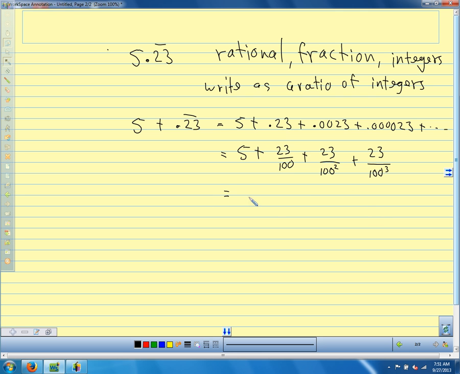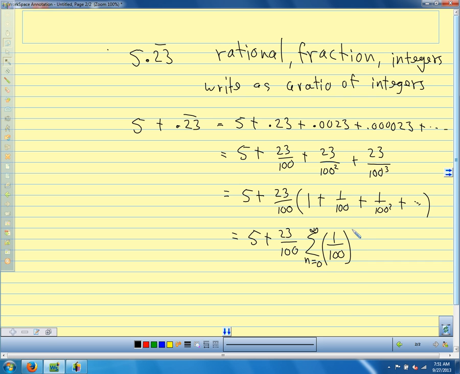I'm going to rewrite this again. 5 plus, I'm going to factor out a 23 over 100. 1 plus 1 over 100 plus 1 over 100 squared plus dot dot dot. And I can rewrite this now as 5 plus 23 over 100 times the sum, n equals 0 to infinity of 1 over 100 to the n.